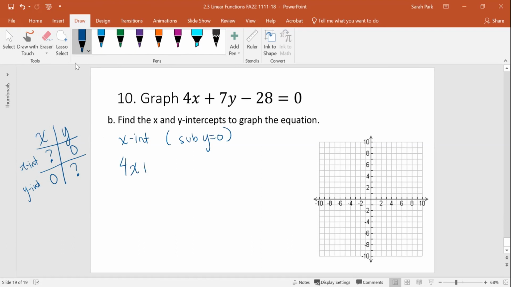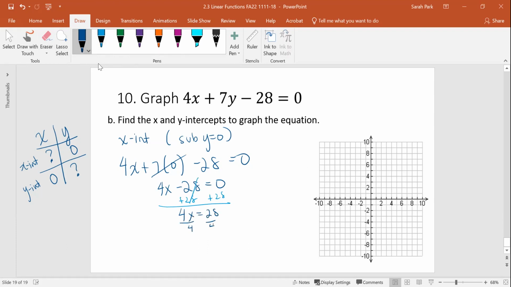We have 4x plus 7 times 0 minus 28 equals 0. 7 times 0 is just 0, so we can ignore that and get 4x minus 28 is equal to 0. Add 28 to both sides. We get 4x is equal to 28.